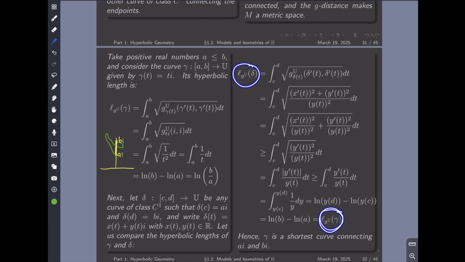Well, less or equal in length, which means that the curve I proposed at the beginning indeed is a shortest curve going from ai to bi. And actually, I would say the shortest curve.